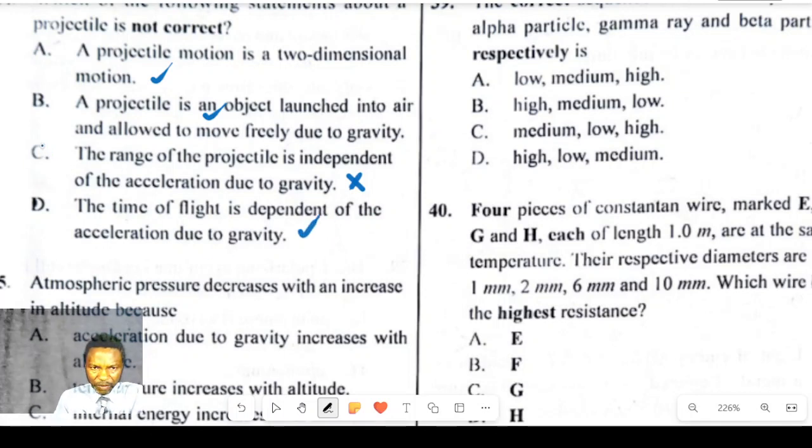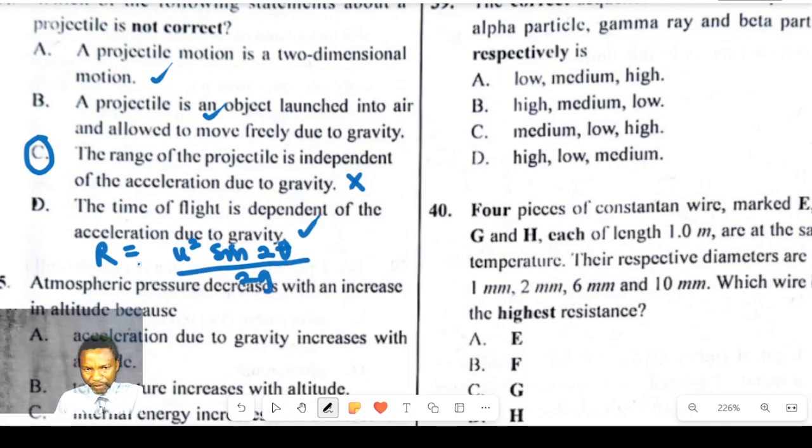Now for C, this is the answer. What is the formula for range? Range is equal to u squared sine 2 theta, where theta is the angle of projection, divided by g. So g is a component for finding the range. But this option says g is not needed to calculate the range, which is wrong.